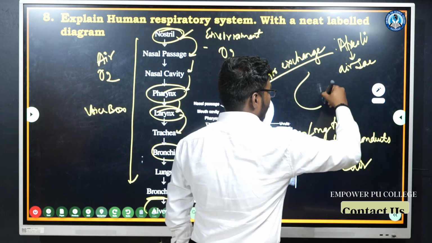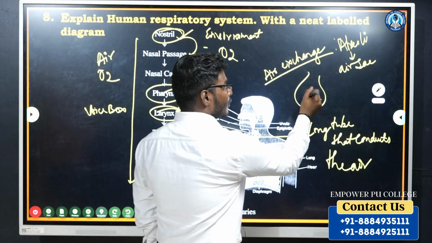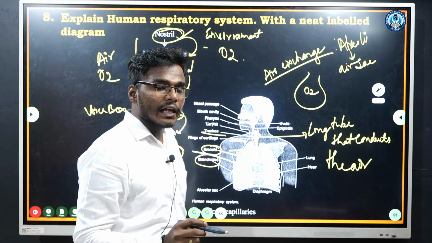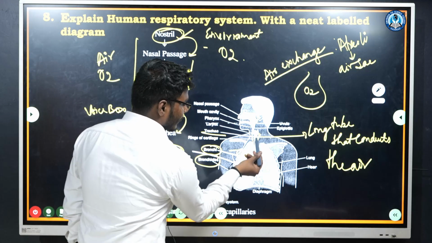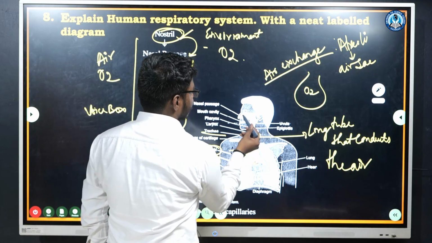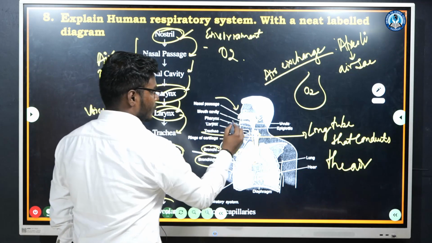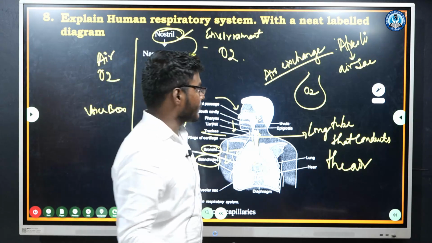When I consider one alveolus, the alveolus is rich in oxygen because it is connected to the bronchioles, bronchi, trachea, nasal passage, nasal cavity and the environment. The air always passes this way and goes to the lungs.